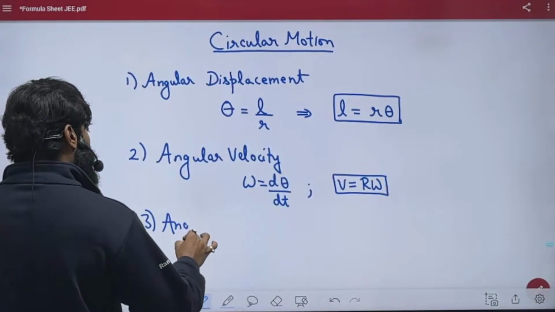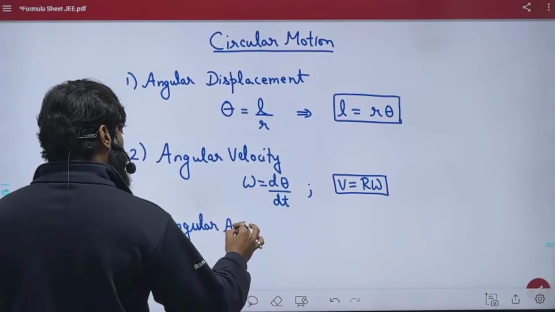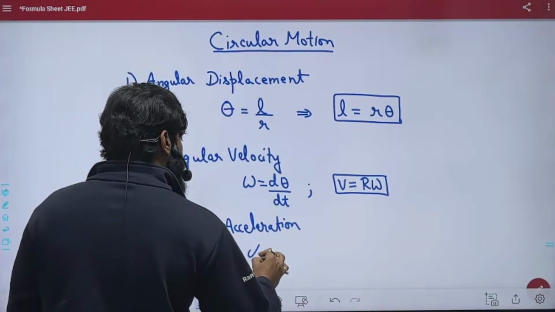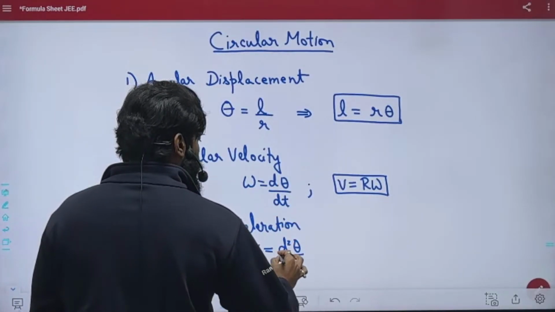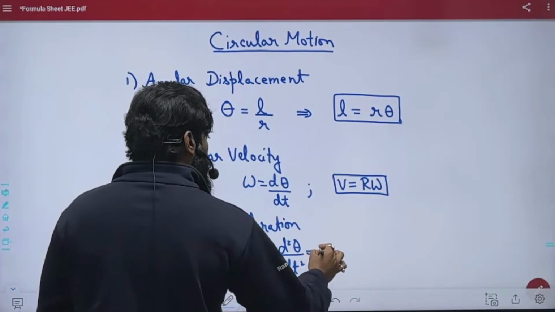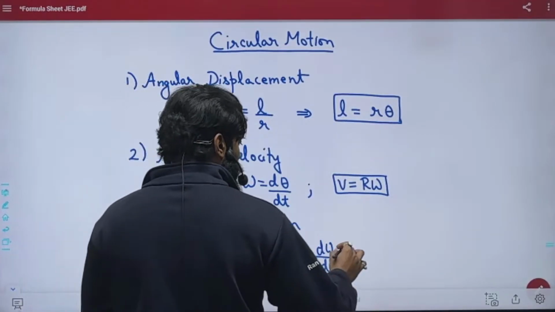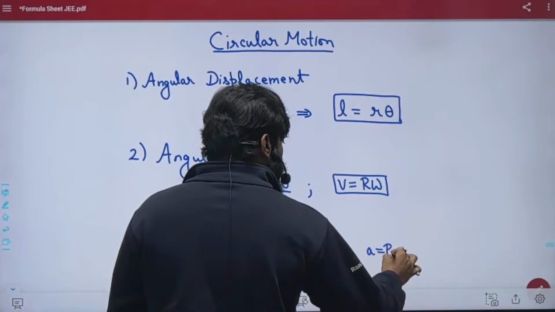For angular acceleration alpha, you have to differentiate d square theta by dt square, or you can differentiate omega, and A equals R alpha.